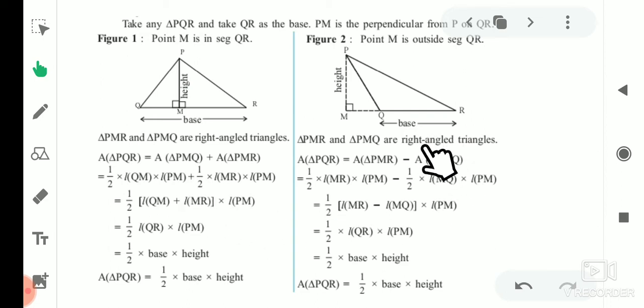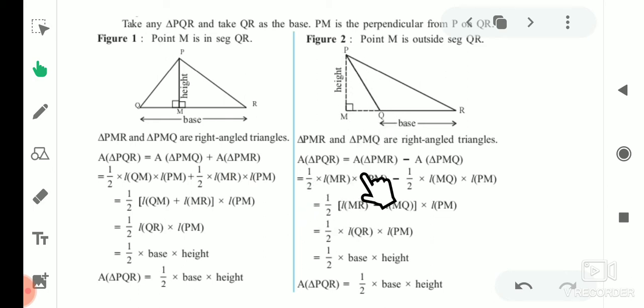See, in this figure PQR, this is not a right angle triangle, so we extend the side QR and we draw a perpendicular PM on this side QR as in the figure. So area of triangle PQR will be equal to the area of this complete triangle PMR minus area of this imaginary triangle PMQ, right?